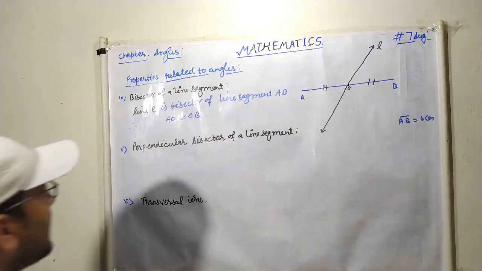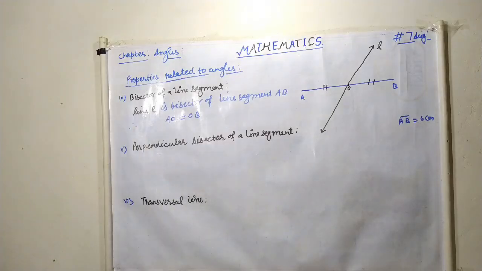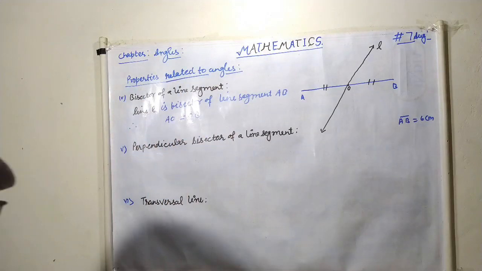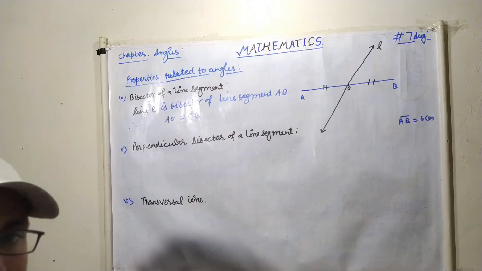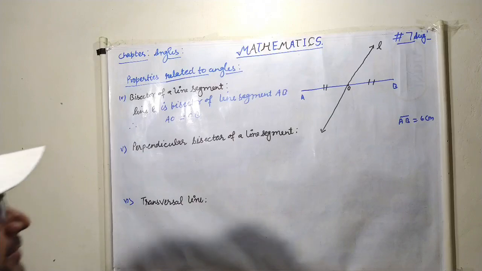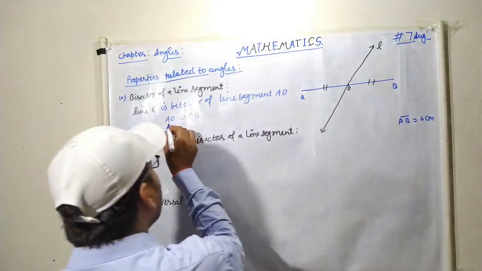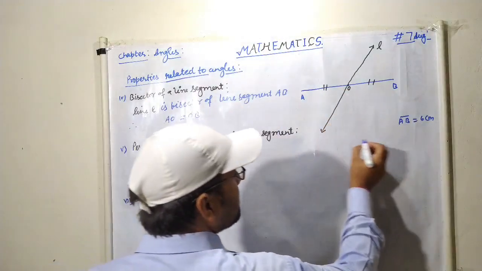Okay, here is a line L. You can take any line L. Any line that divides a line segment into two equal parts is known as a bisector of a line segment. If AB is 6 centimeters, then this one is 3 centimeters. OA is equal to 3 centimeters.